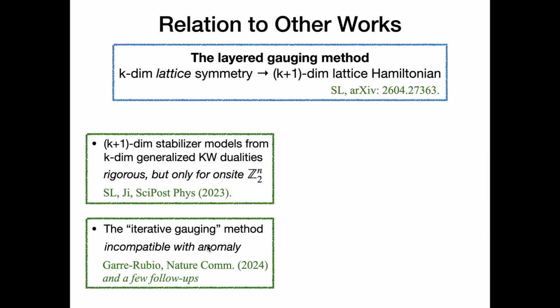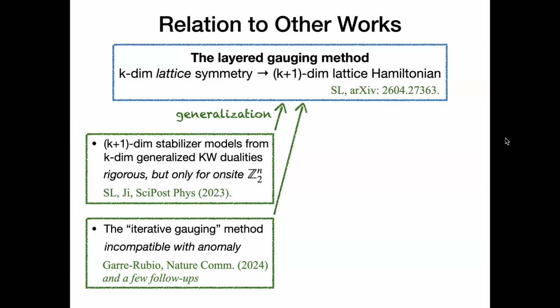If you do this, you can generate a bulk, a k plus one dimensional model from a k-dimensional symmetry. But this method is intrinsically incompatible with anomaly, because if you have anomalous symmetry, you just cannot do the first step. And the work I talk about today can be regarded as a generalization of these two previous methods.